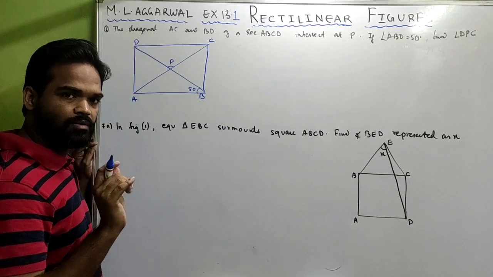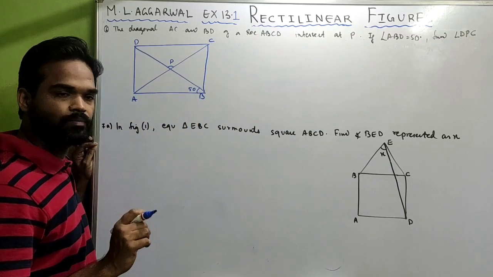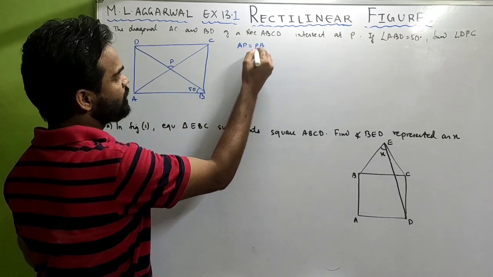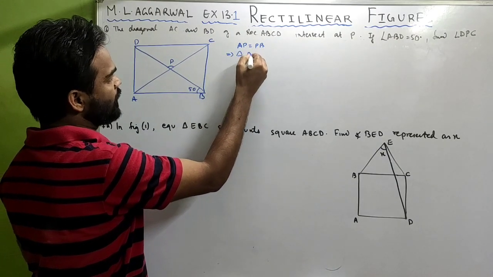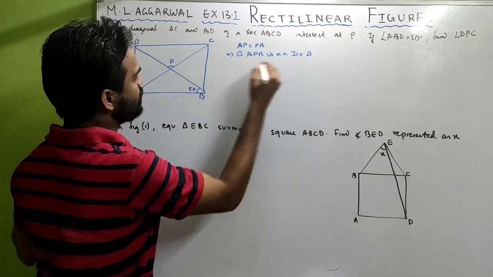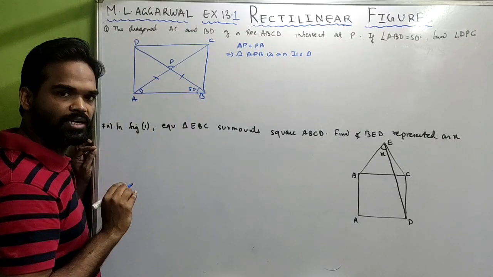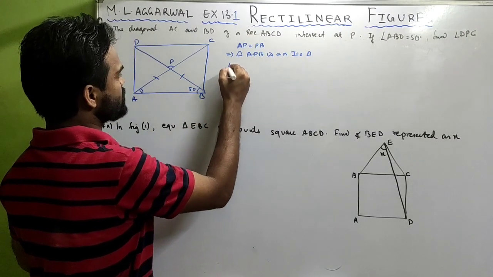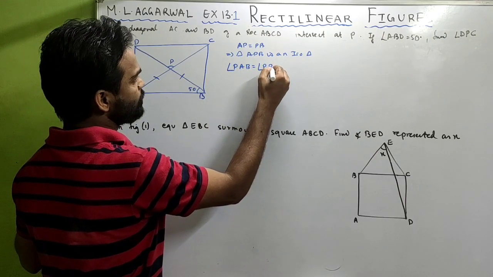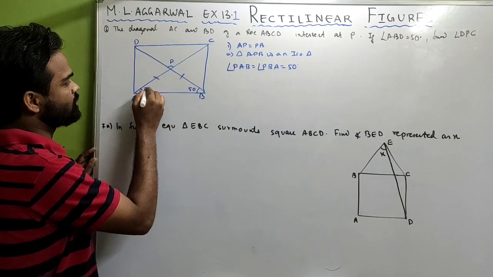Now we know in a rectangle the diagonals are equal and they bisect each other, which means we can say AP is equal to PB, which means triangle APB is an isosceles triangle, and this side is equal to this side, which means this angle and this angle will be equal. Which means angle PAB is equal to angle PBA is equal to 50 degrees. Done. So this is 50.